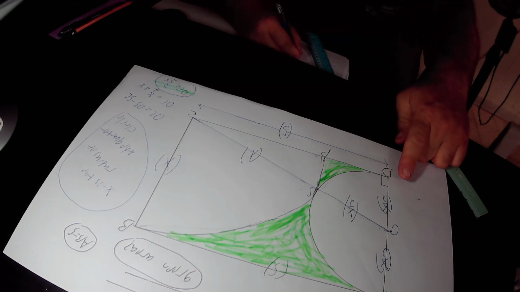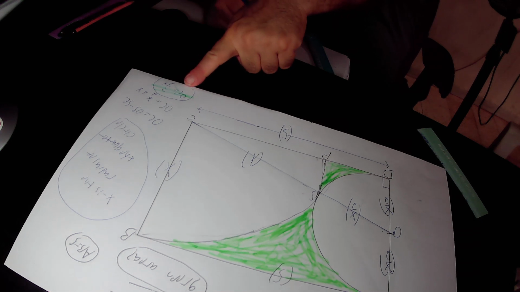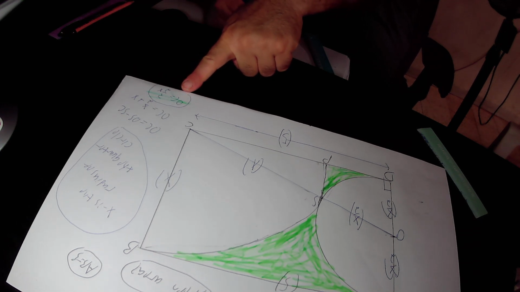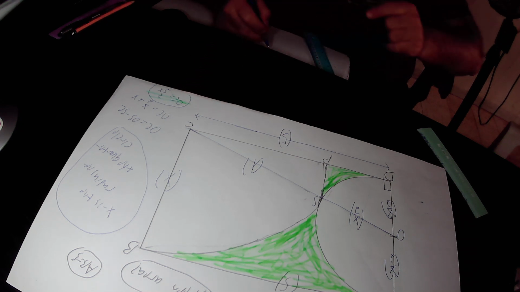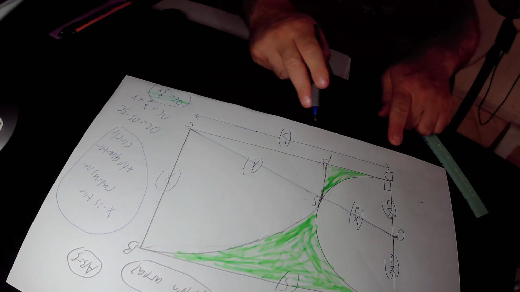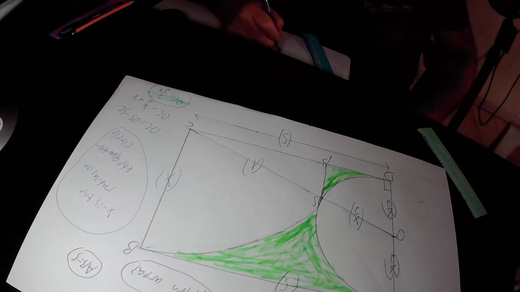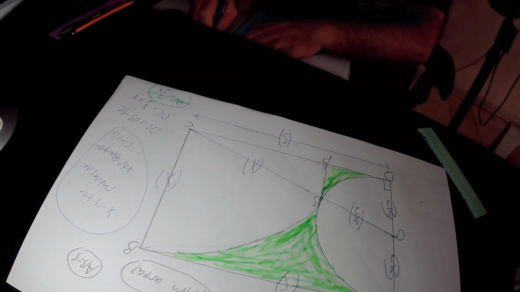OD equals x over 2 units in length, and OC equals 3 over 2 x units in length. Here we already found that OC equals 3 over 2 x units. And DC equals 5 units in length.